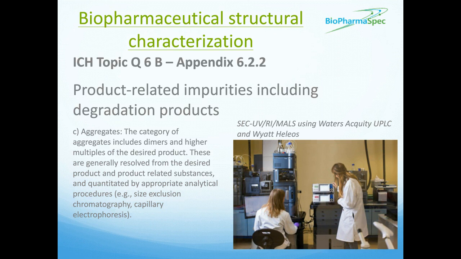And as it says here, you need to use certain techniques, but also, as appropriate, analytical procedures. Here you see things like size exclusion chromatography and capillary electrophoresis mentioned by name.